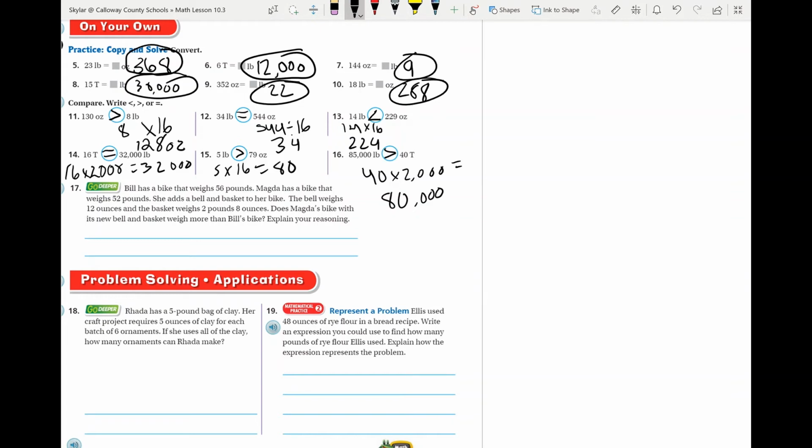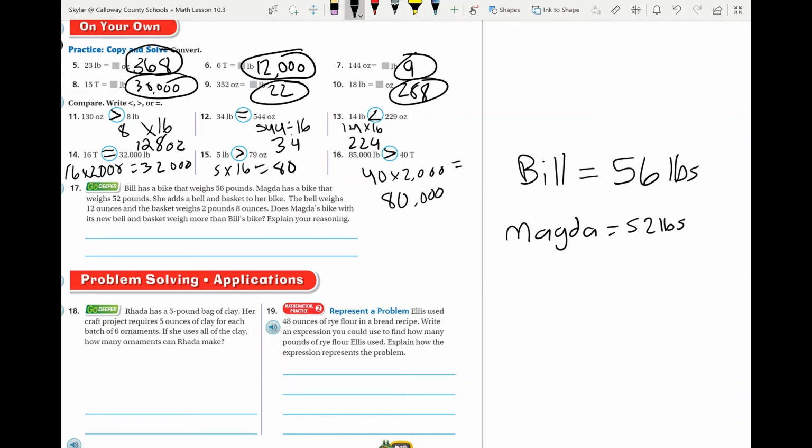So let's list out what we know. We can do this one sentence at a time. Bill is 56 pounds. His bike, of course. Magda has 52 pounds.